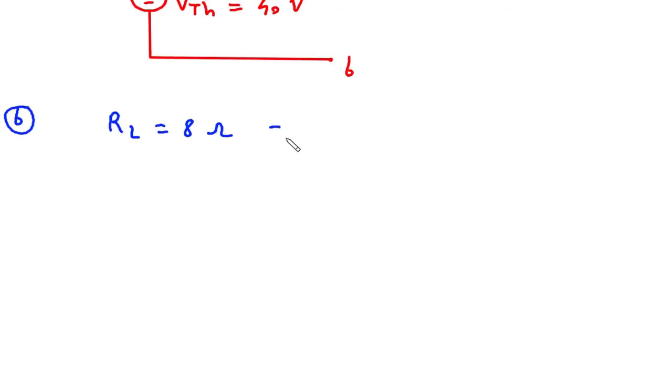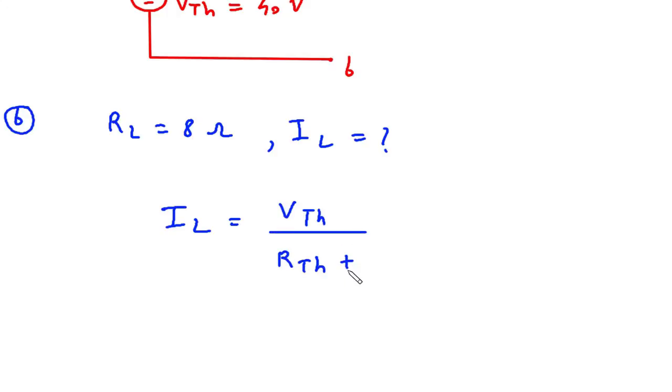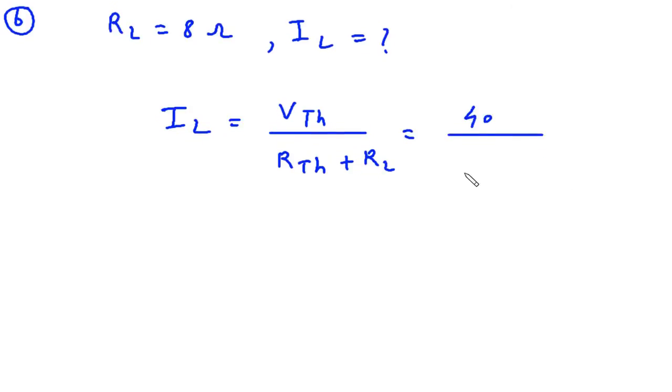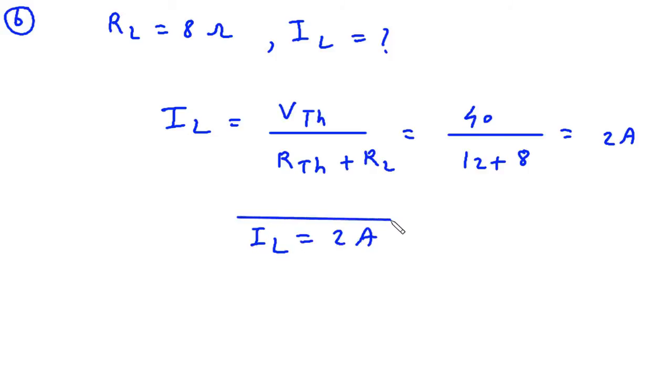Now IL is equal to VTH by RTH plus RL. VTH is 40 divided by RTH, which is 12, plus 8. So this will be 2 ampere. IL is equal to 2 ampere.